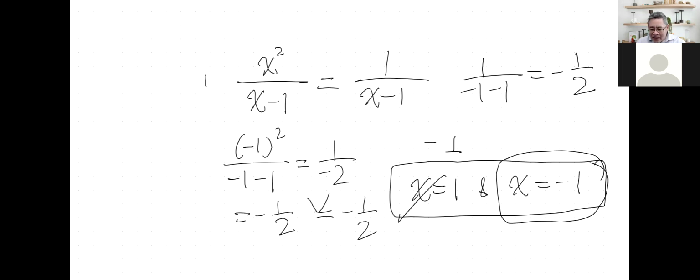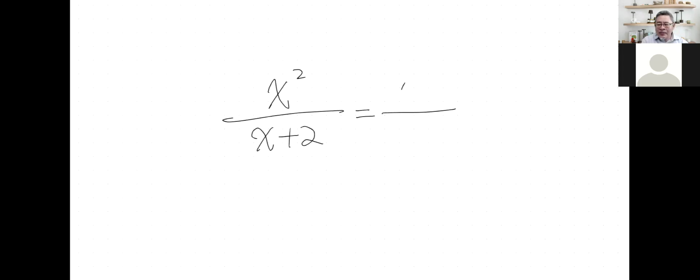Yep. Okay. All right. So we have to try the last one. x squared over x plus 2 equal to 4 over x plus 2. That's what you got.